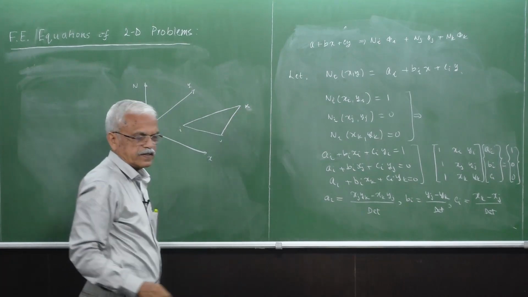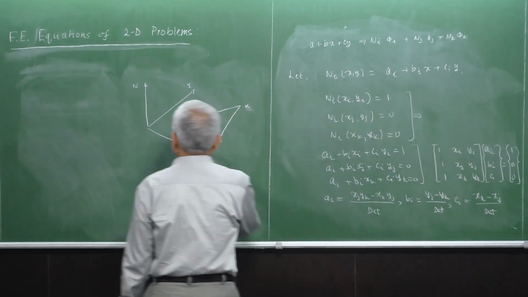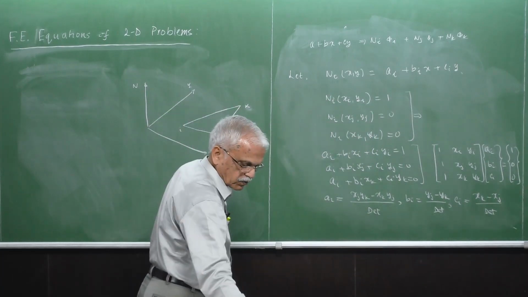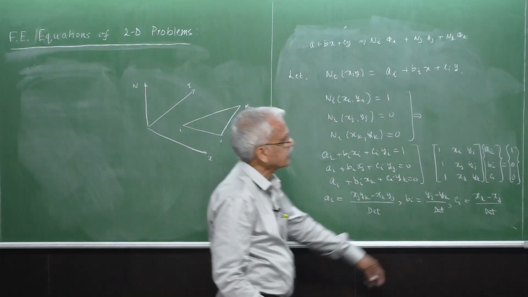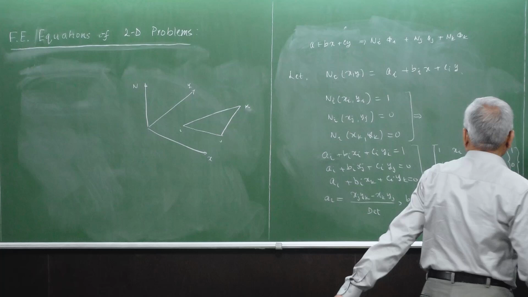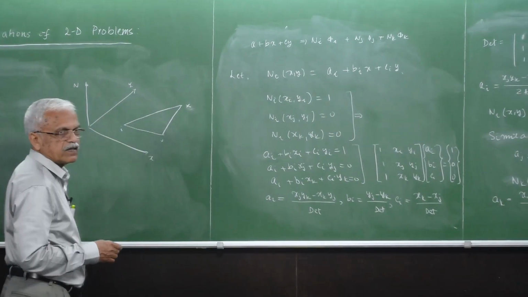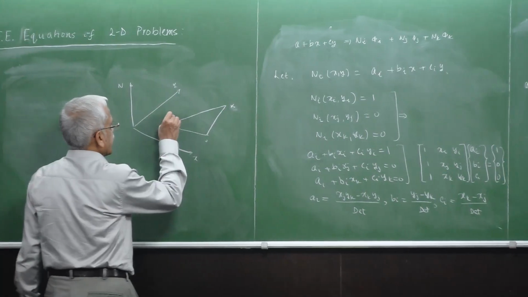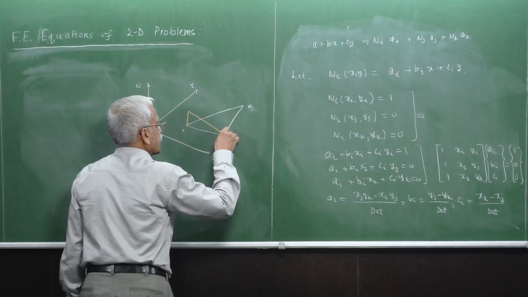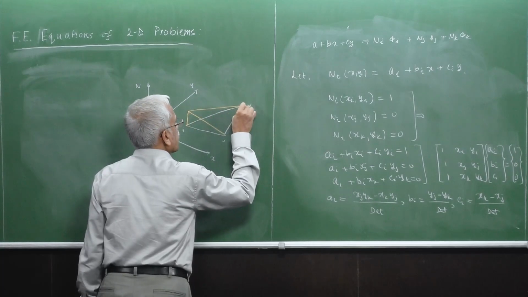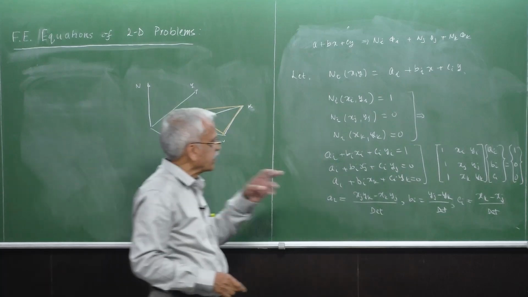If I draw ni in an isometric view, it has a value of 1 at node i and goes to 0 linearly.